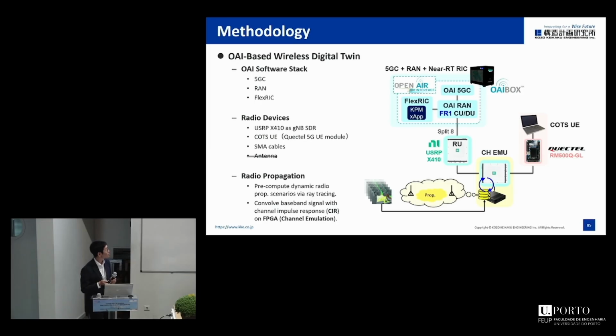Since this requires precise high-speed signal processing, we offload it to the FPGA on the USRP. By inserting this SDR-based channel emulator between gNodeB and UE, both downlink and uplink signals reflect the wireless environment. In this way, we can emulate a field-like dynamic wireless environment without using radio waves.